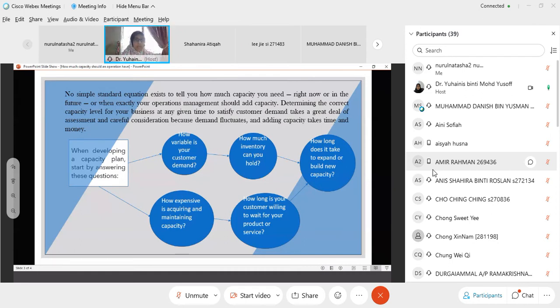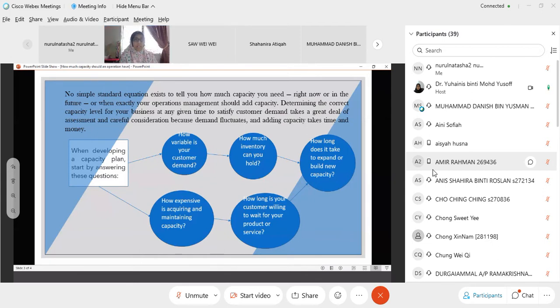No simple standard equation exists to tell you how much capacity you need right now or in the future, or when exactly your operation management should add capacity.